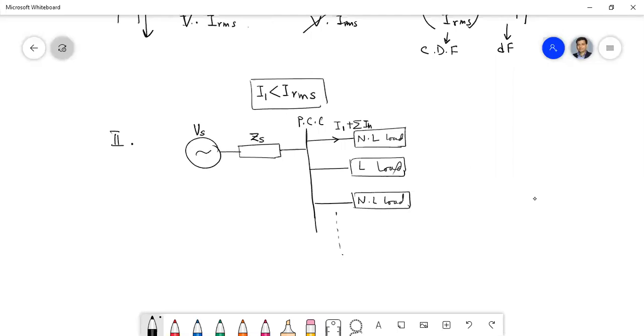So this particular nonlinear load is taking this current. I am taking only one load; there may be several nonlinear loads, but I am considering only one. Not only that, for the sake of understanding, I am considering only one harmonic, that is the third harmonic, to understand the thing in a simpler way. And this particular impedance I am taking as only resistive.